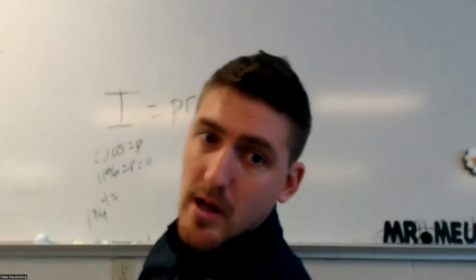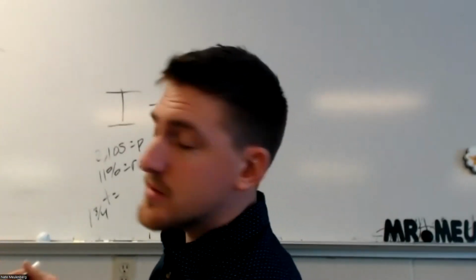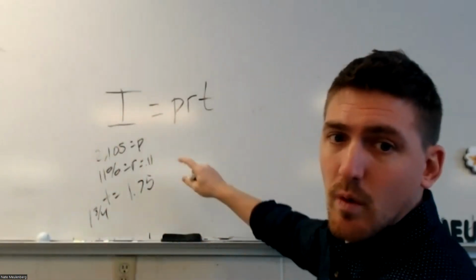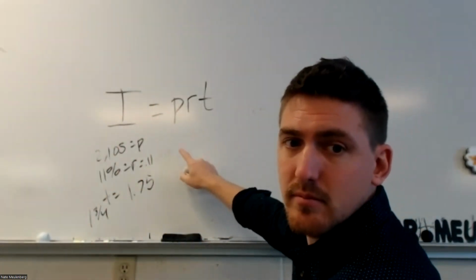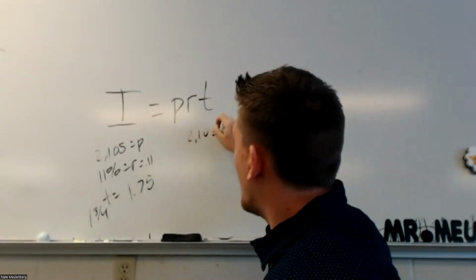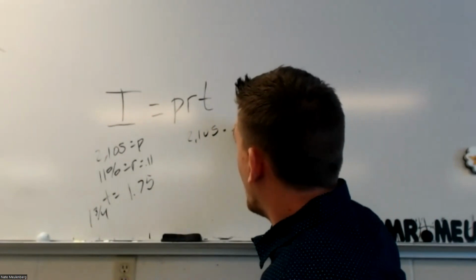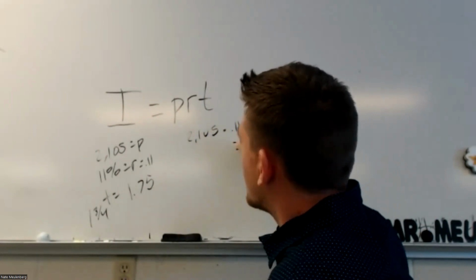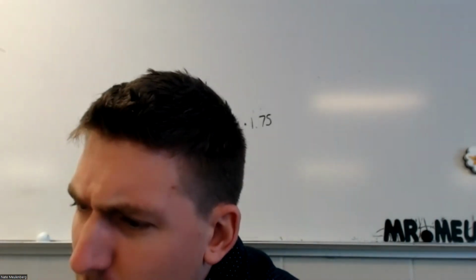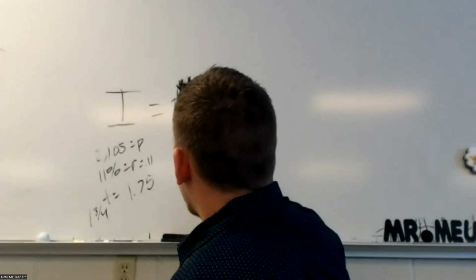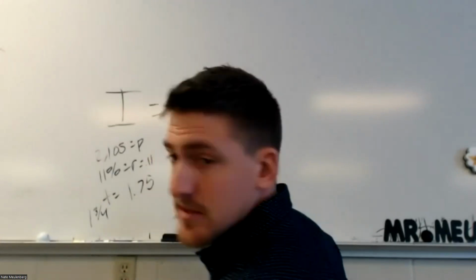Do 3 divided by 4 and you get 0.75, so 1 3/4 is 1.75. Then just multiply them all together. So you do 2,105 times 0.11 times 1.75, and you get what, Charity? $405.21. Make sure you remember the dollar sign for these.